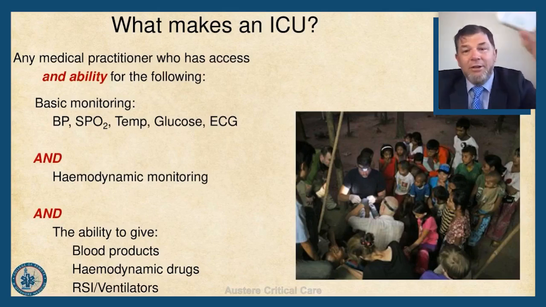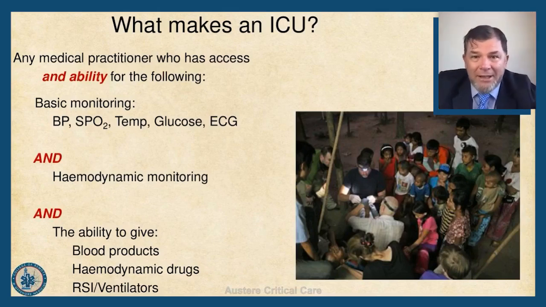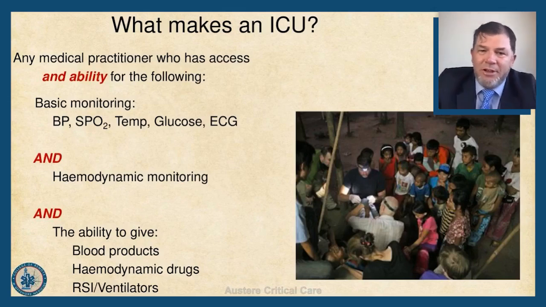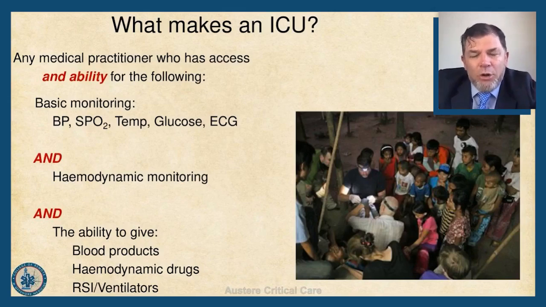So can you have this in your pocket? Absolutely. Is there any place on the planet that you won't have the ability to get these basic observations? No. If you want to be a critical care practitioner with the ability to work in difficult, austere, resource-limited environments, then you need to get the equipment available to you and always carry it.